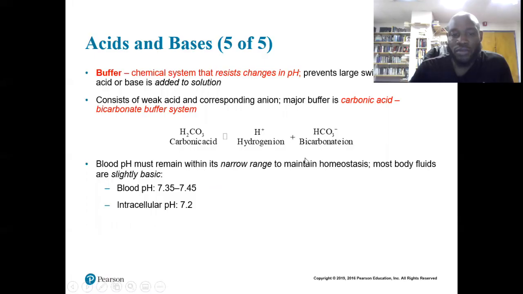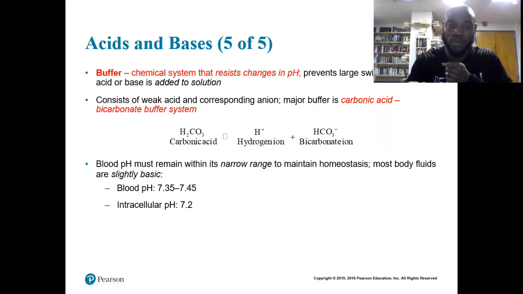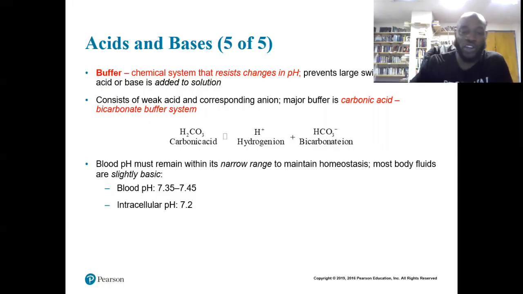The blood has this narrow range of 7.35 to 7.45, which it needs to maintain homeostasis. We need this because certain reactions happen in the body when your body is at this pH. If you raise or lower the pH too much, certain reactions in your body won't happen. Therefore, your body has to stay at this specific pH, otherwise you're going to get into some serious trouble.